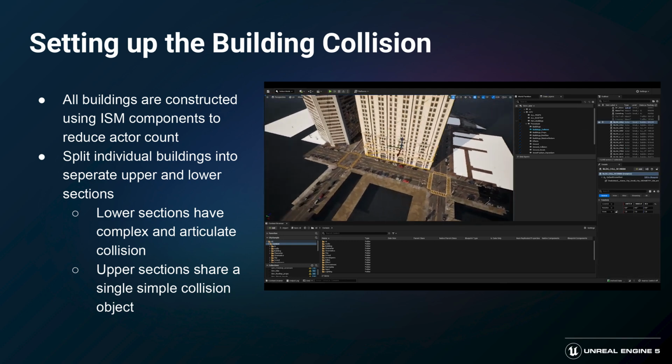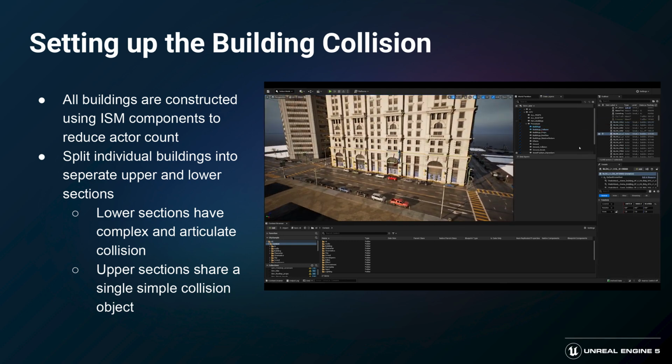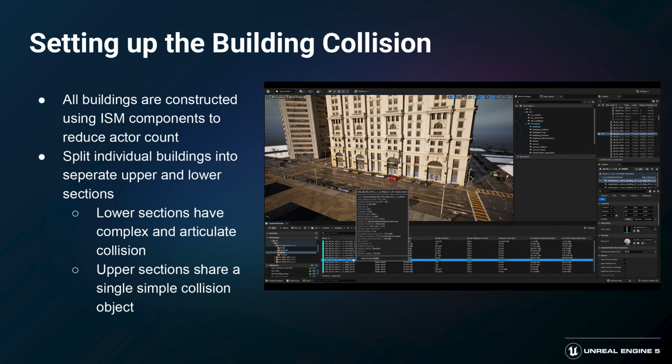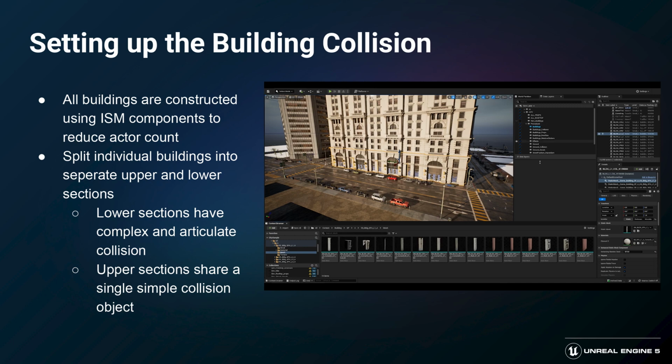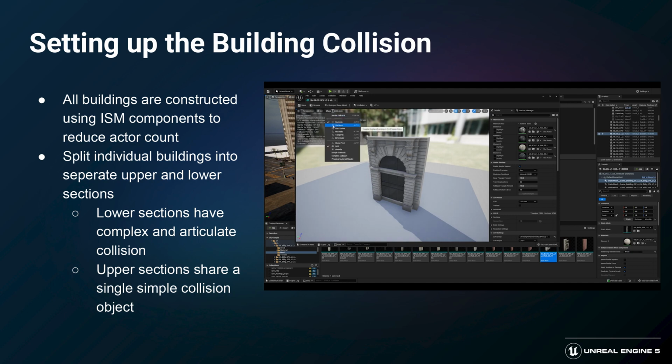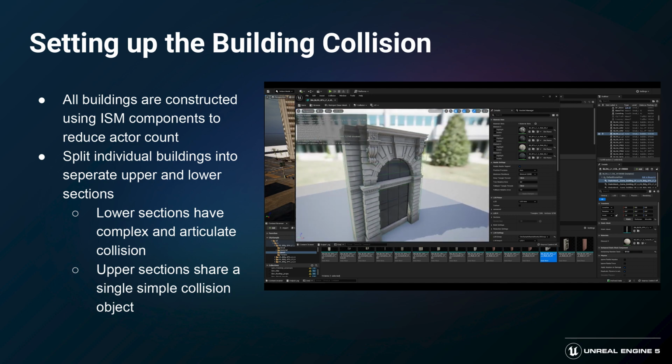These collision objects are nested within the static mesh for each module and instanced along with the module inside the ISM component. For the upper section of buildings, we disabled collision on the building modules. A separate primitive collision object that represented the entire collision section is placed as a separate actor. This allowed for only evaluating a single primitive collision object for the entire upper section of a building.